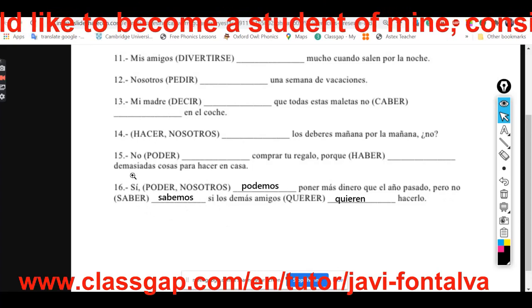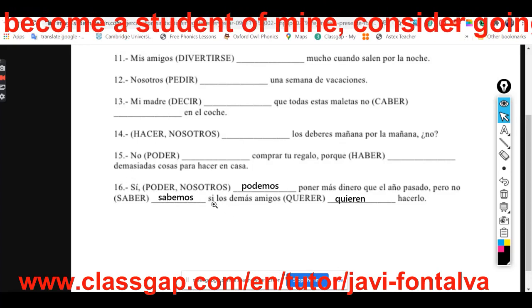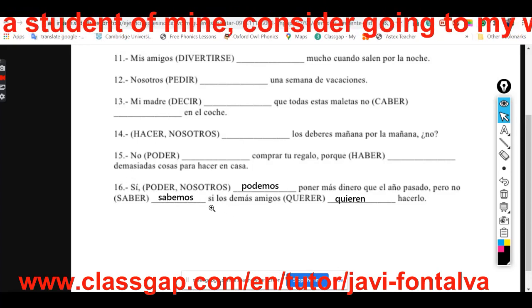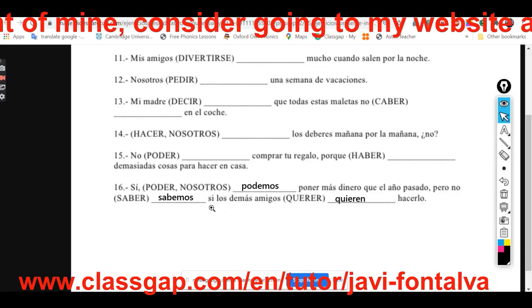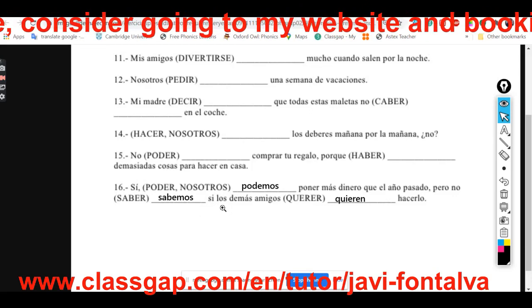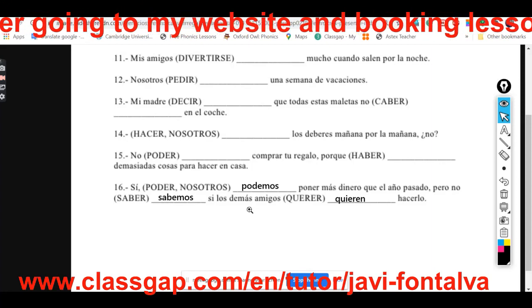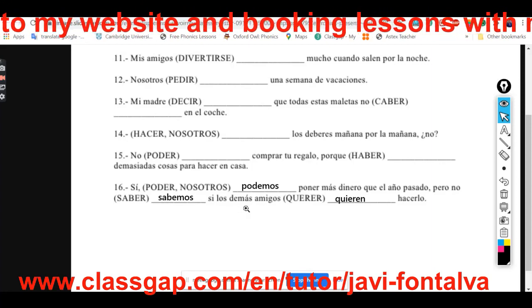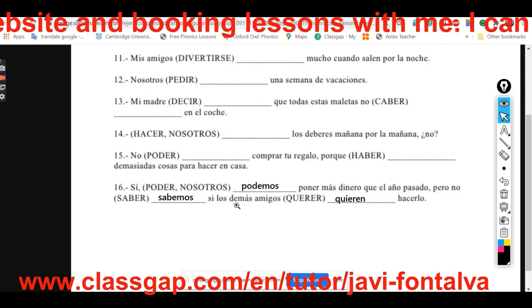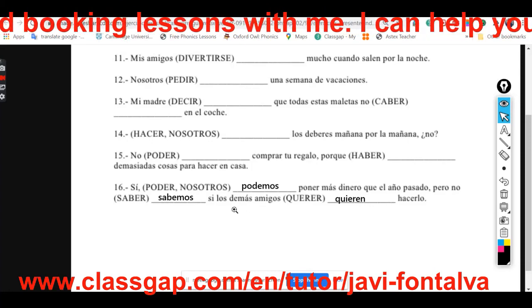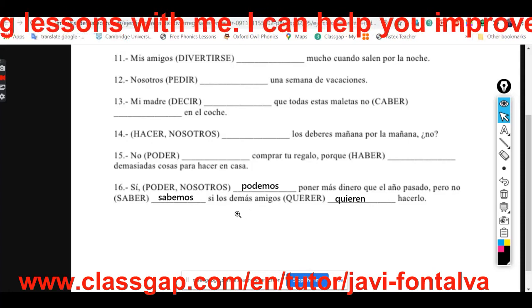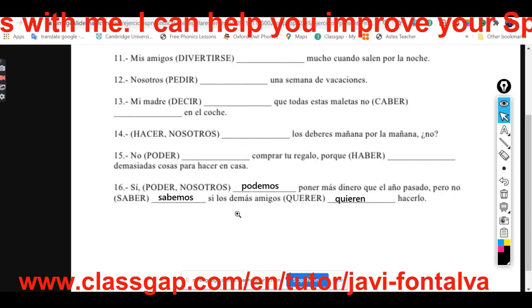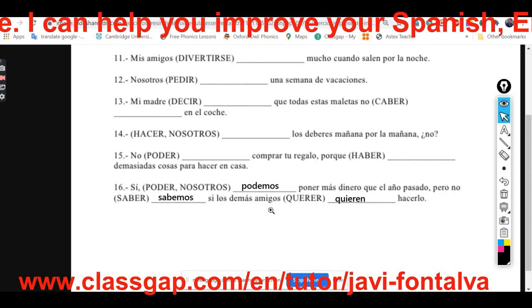So notice we have si, one with an accent and one without. The one without means if. Los demás, okay, this is demás, another word we use a lot in Spanish. Demás basically means others, like other people or other things. So the other friends, basically.